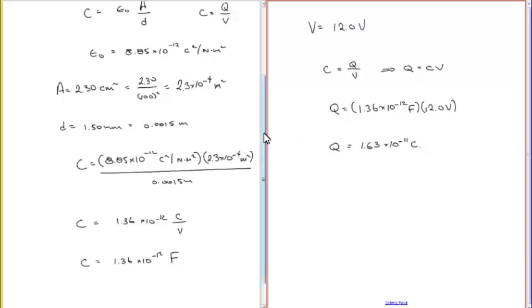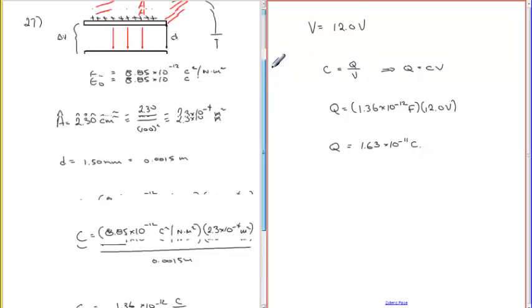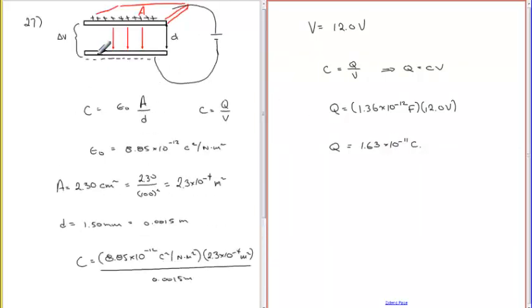And what this is, is that we transfer enough electrons so that there's a negative charge of 1.63 times 10 to the minus 11th on this plate, and we have a positive charge on this plate of 1.63 times 10 to the minus 11th coulomb. So it's the charge on each plate. So that's B.